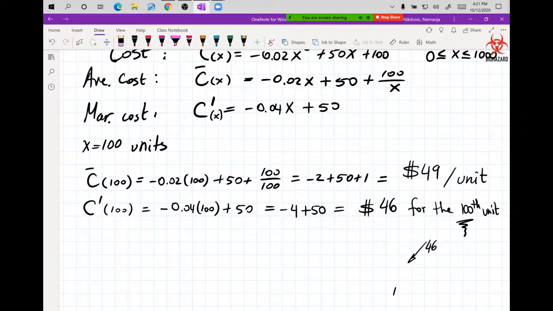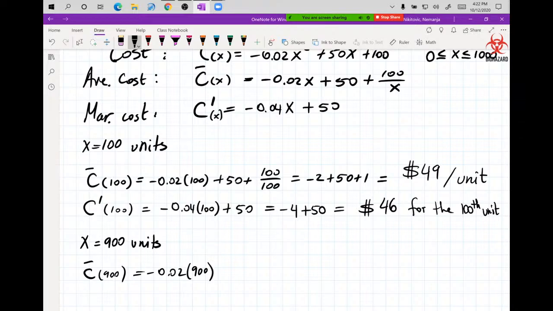Anyway, we will see this and understand it even better when we do our cost analysis for 900 units produced. So what's the average cost for 900 units? Negative 0.02 times 900 plus 50 plus 100 over 900.